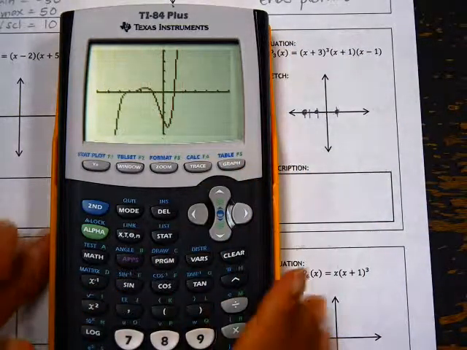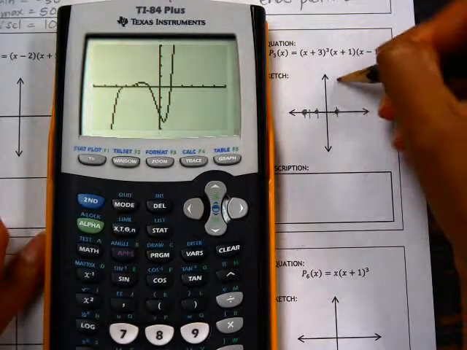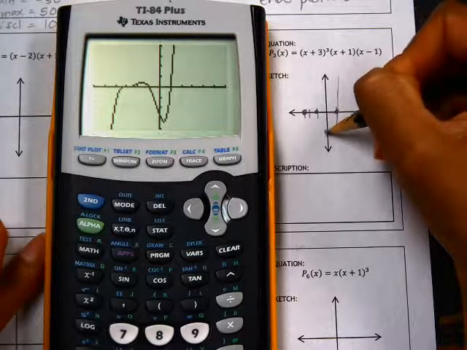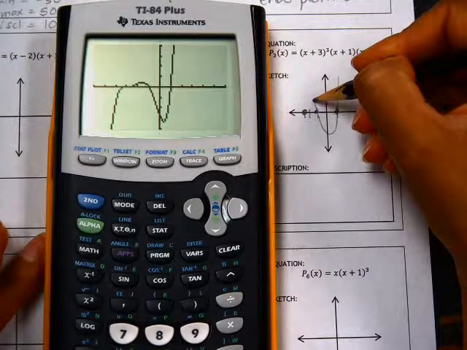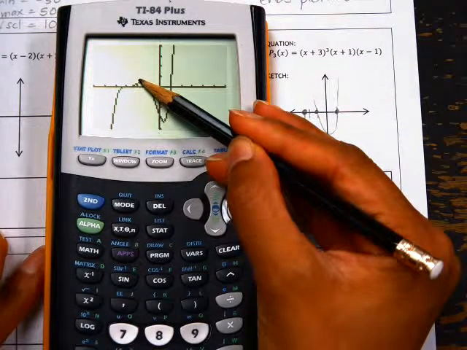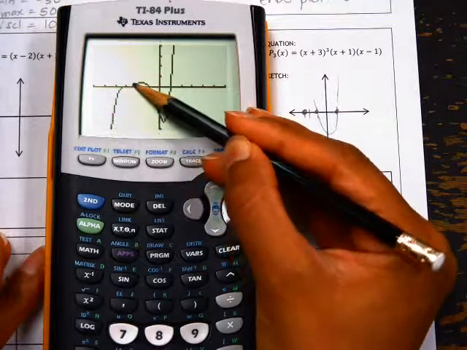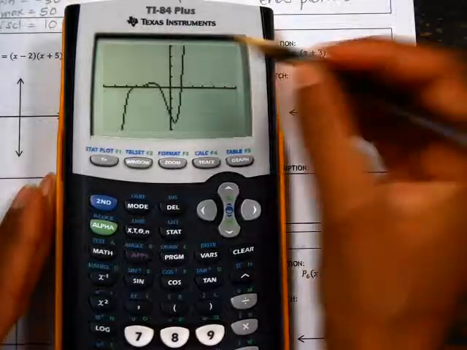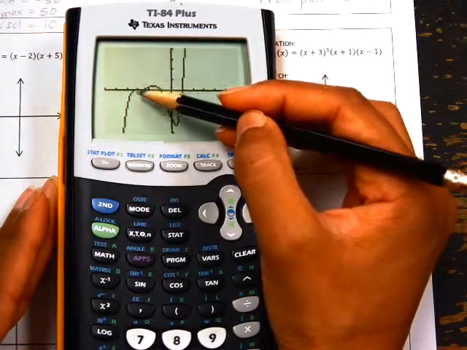Now looking at the graph and trying to sketch this, so we start positive here, and go through. We go through here. Now when we get to this root, notice there's this strange behavior in the curve. We say that it's passing through -3 slowly. So there's this dip.